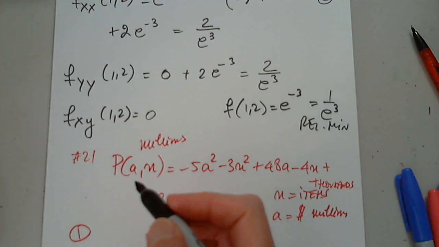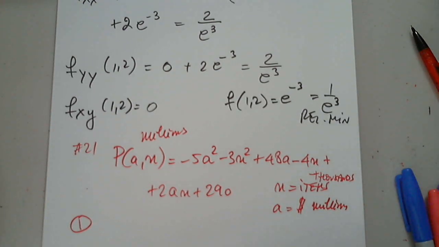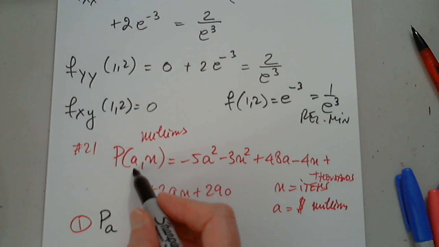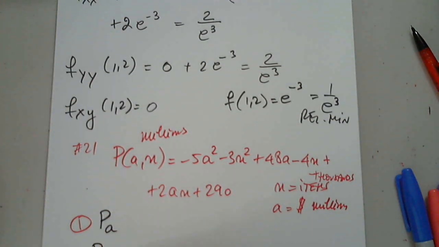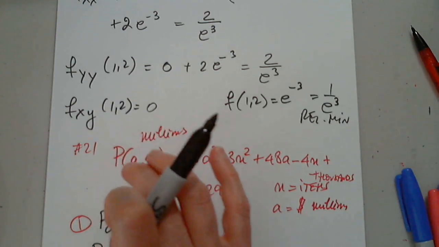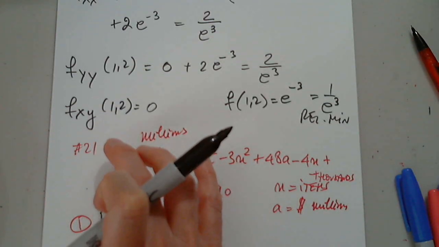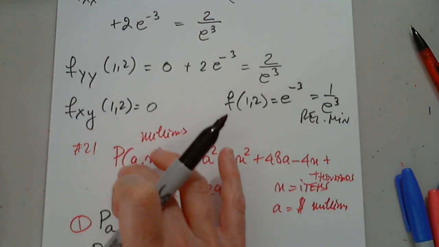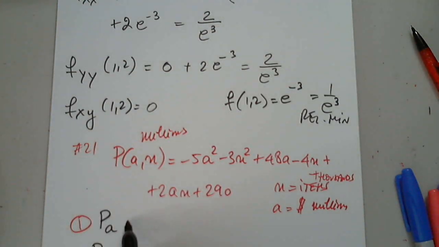In this case, instead of writing fx and fy, we will write PA and Pn. This is the function, which is our f of x, y. We used to write fx, but now we have to write PA and Pn.